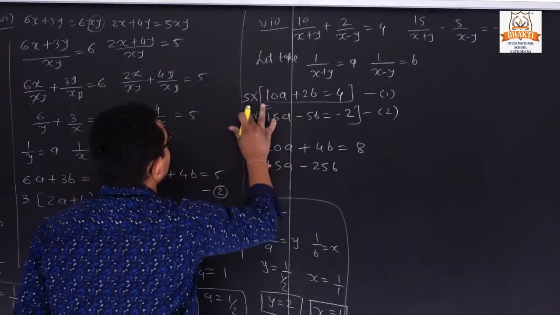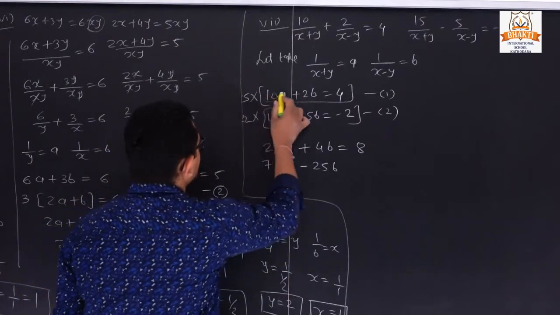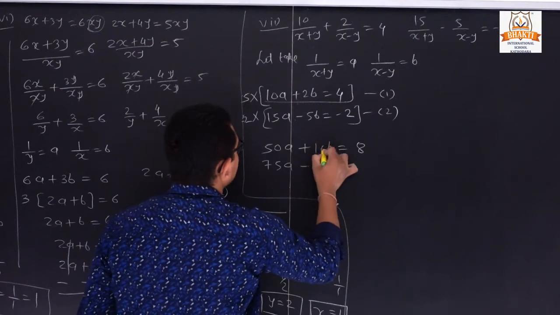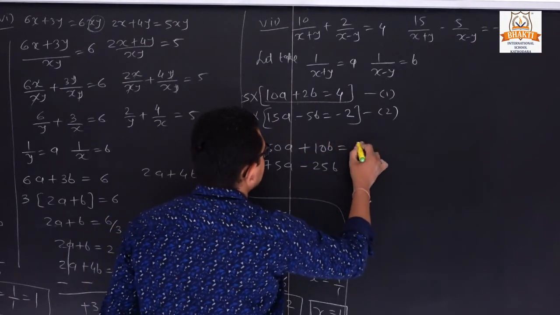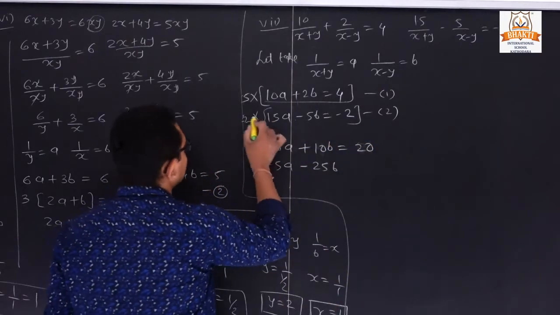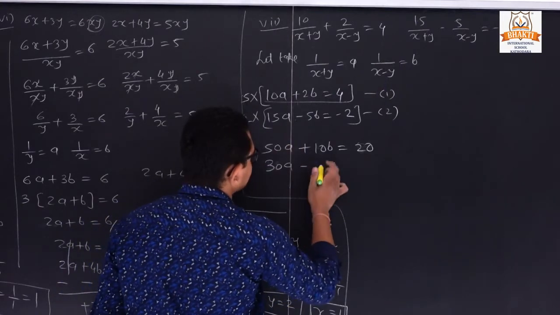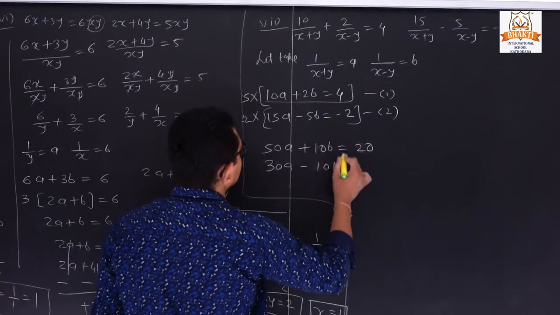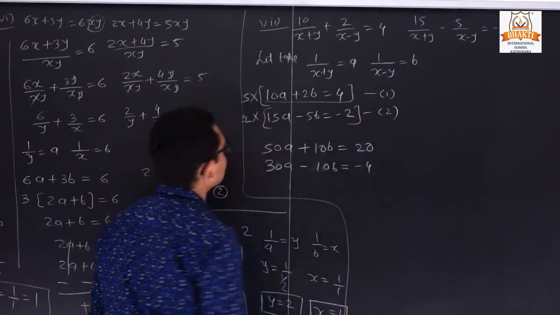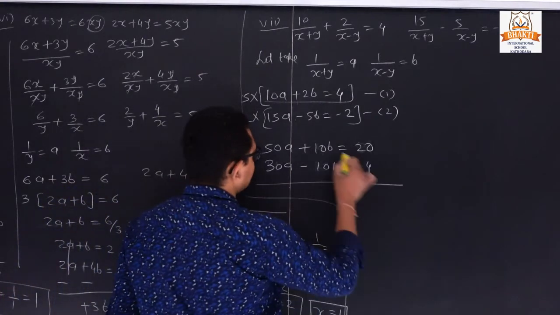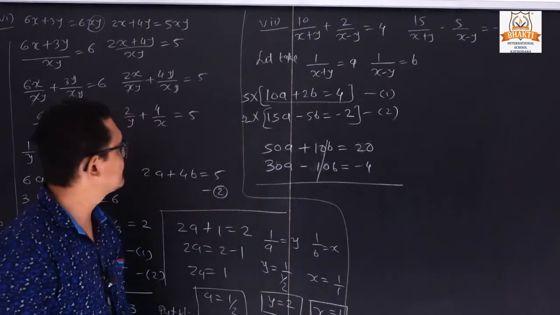Here we are multiplying with 5 and 2. So 50a plus 10b is equal to 20, and 30a minus 10b is equal to minus 4. Clear? Now these both are cut.